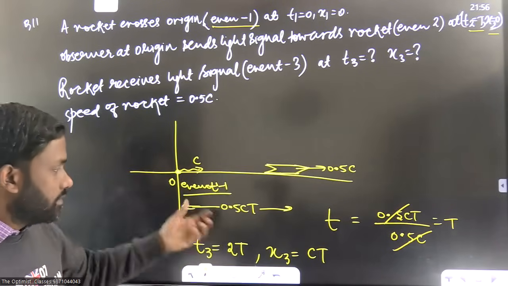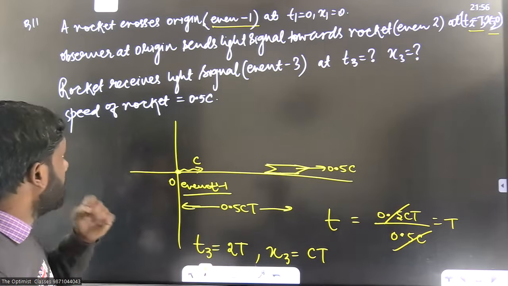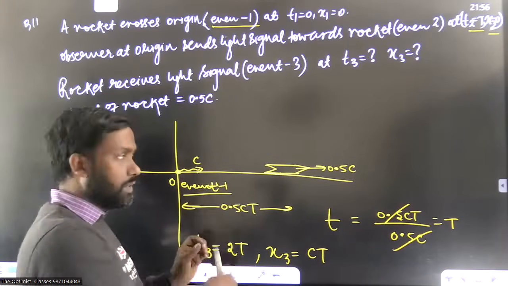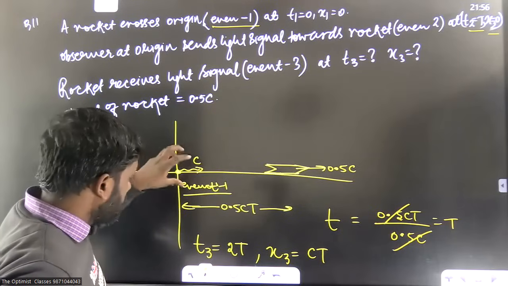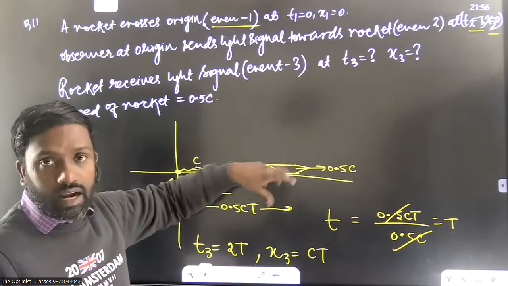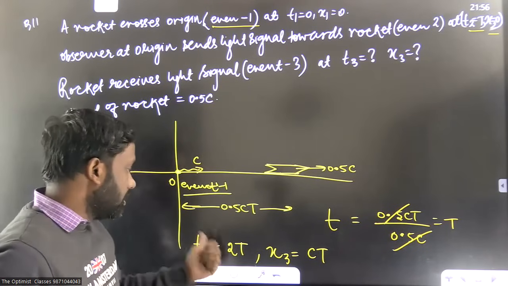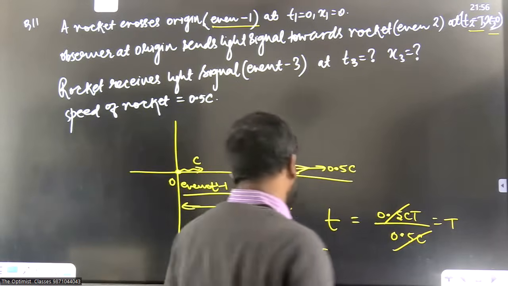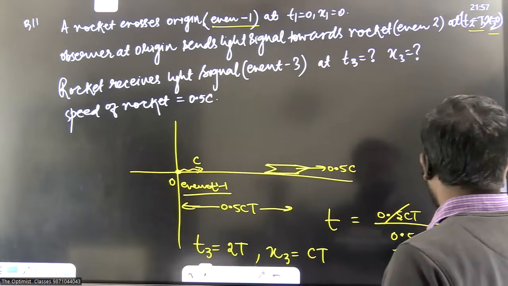This was a very basic question. If you call the light pulse reaching the rocket event 3, then the time and coordinate of event 3 will be t3 equal to 2T and x3 equal to cT. That's the answer.